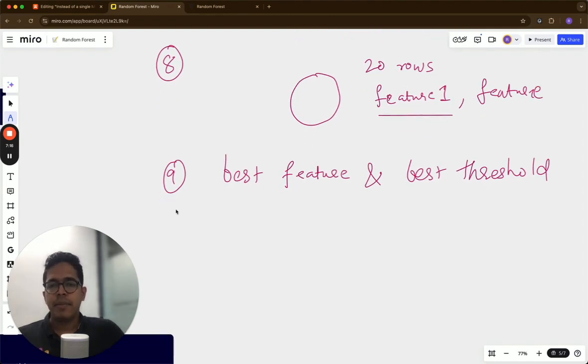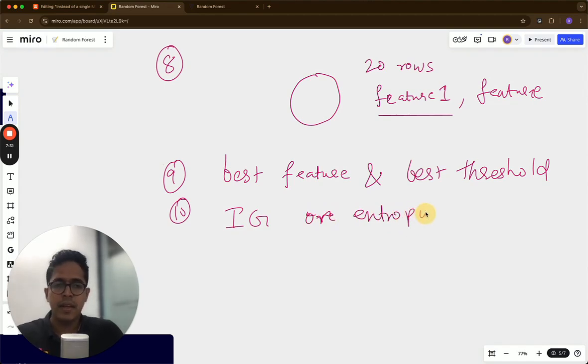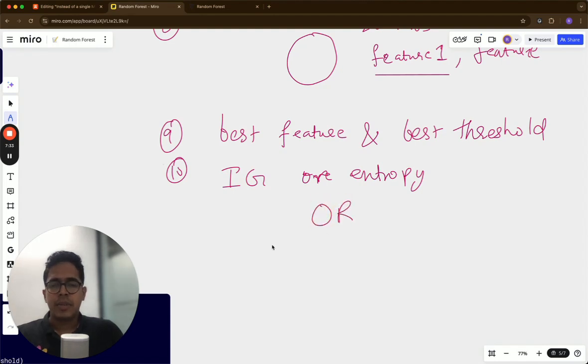How will you calculate that? You calculate that using the concept of either entropy reduction or information gain, IG. Both are the same. Entropy reduction is the same as information gain. Or you can use something called Gini impurity. The Gini impurity formula is very simple.